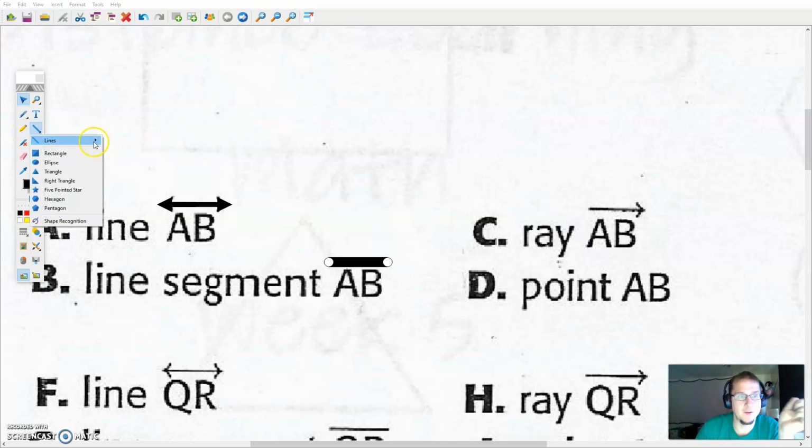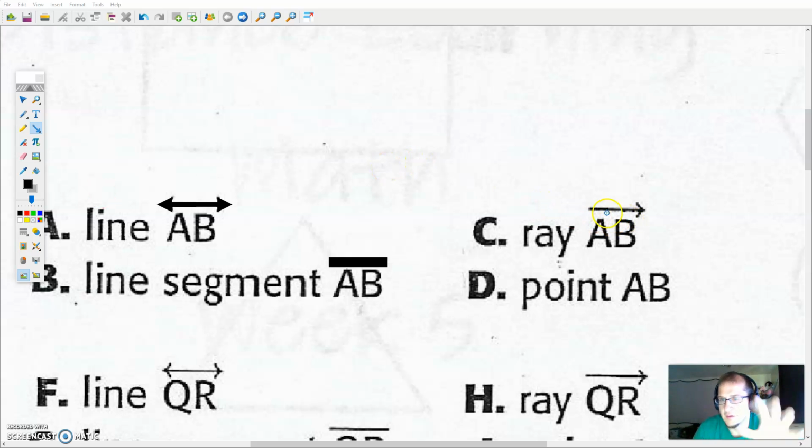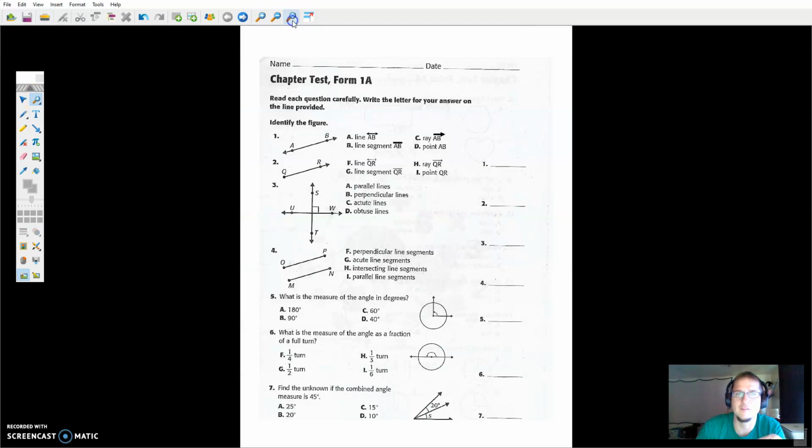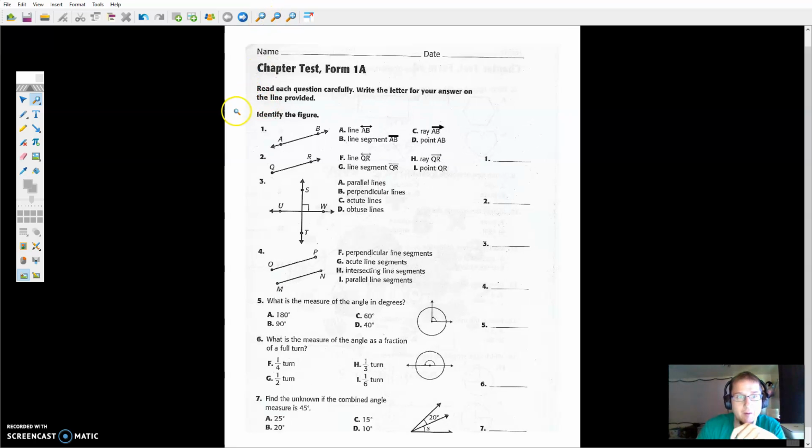And then a ray, remember, has one ending point, and one side that goes on forever. It goes on in that direction infinitely. And that's when you end up with the ending point here and then an arrow on the other side telling you that that's referring to a ray.